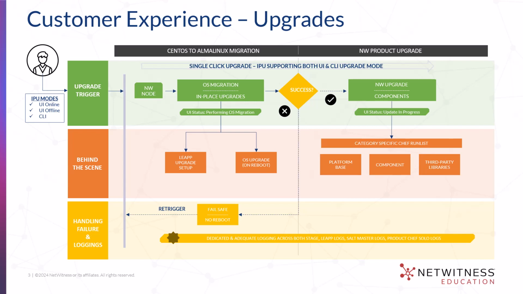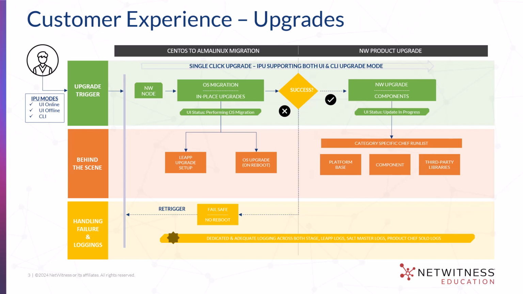Once the upgrade is triggered by the user, the upgrade process takes place in 2 distinct stages. The first stage is the completion of the base OS migration from CentOS 7 to CentOS 8, followed by a regular NetWitness upgrade where each of the services and components upgrade from 12.3 or 12.2 to 12.4. Once the upgrade is triggered, the LEAP framework processes the upgrade in a containerized form, where it boots up the Alma Linux kernel inside a container.